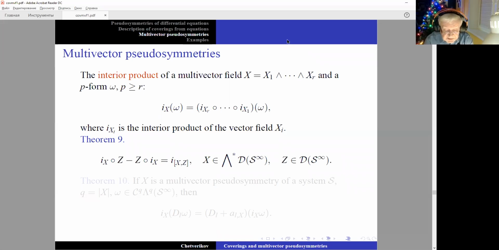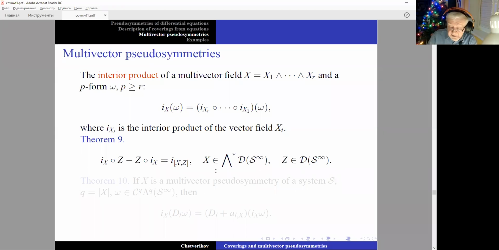Let's define the interior product of a multivector field and a P-form by this equality. Then theorem 9 is one more property of the Schouten bracket.